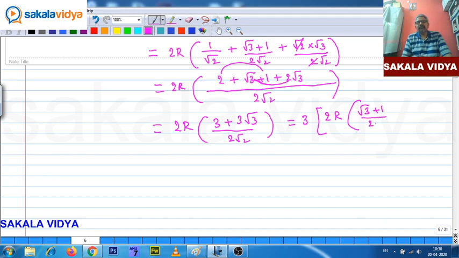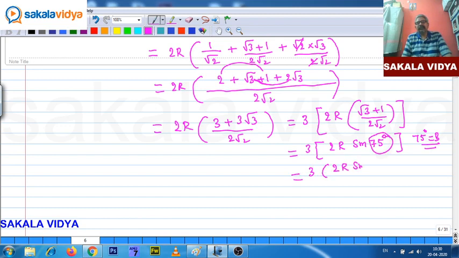See, root 3 plus 1 by 2 root 2 is sine 75 degrees. So we can write 3 multiplied by 2R sine 75. But according to the problem, 75 is equal to B. So this is replaced by B: 3 times 2R sine B. As per the sine rule, 2R sine B is nothing but b. So 3b is the right option.